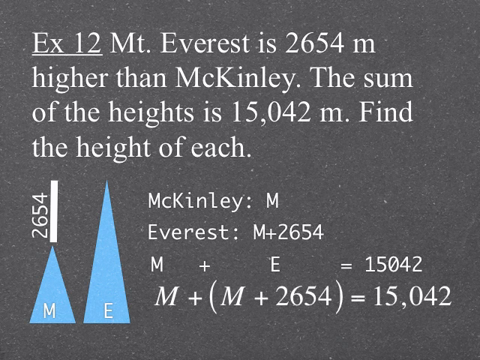The mistake I'm going to see a lot on a problem like this is someone is going to just write down M plus 2654 equals 15,042. You need both M's. You need the first M to count as McKinley, and you need the second M because it's part of Everest. Everest is McKinley plus 2654. Take a look at that, make sure it makes sense.